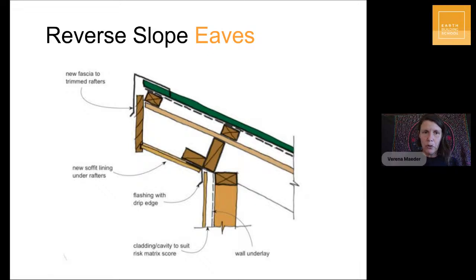Might drip off, but it could also be blown back onto the underside of your roof overhang and then run towards your building, because in this monosloped roof you have an inverted, a reverse slope eave. So in that case, see the little black thing that connects the roof to wall junction protects from water ingression.